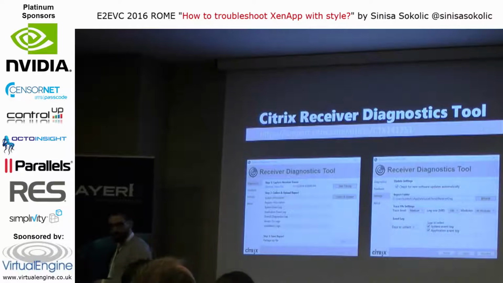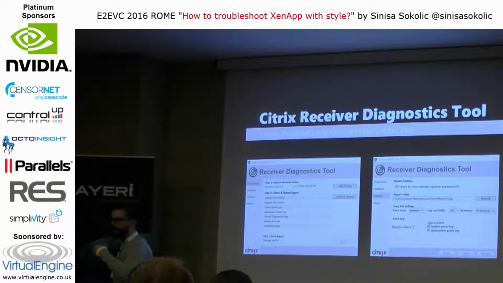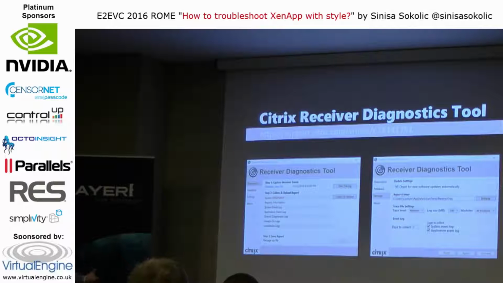The next tool is the Citrix Receiver Diagnostic Tool. I played a little bit with it. There's a knowledge base article on how to enable debug logging on the Receiver with registry keys, but it's not really handy, and it was also not really the logging that I expected.